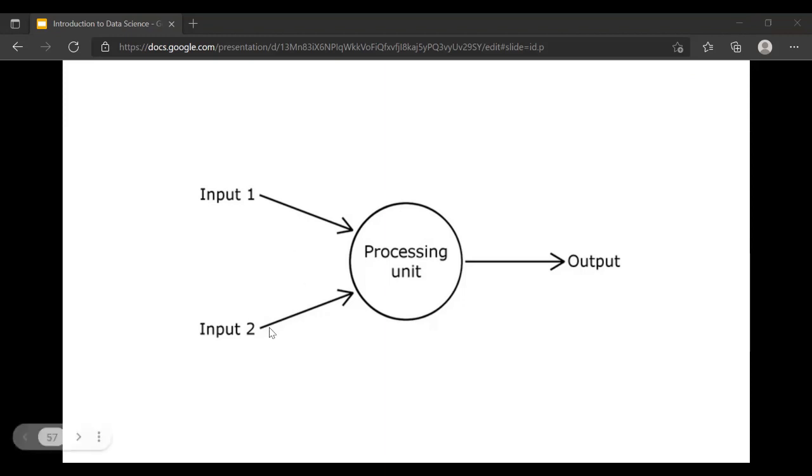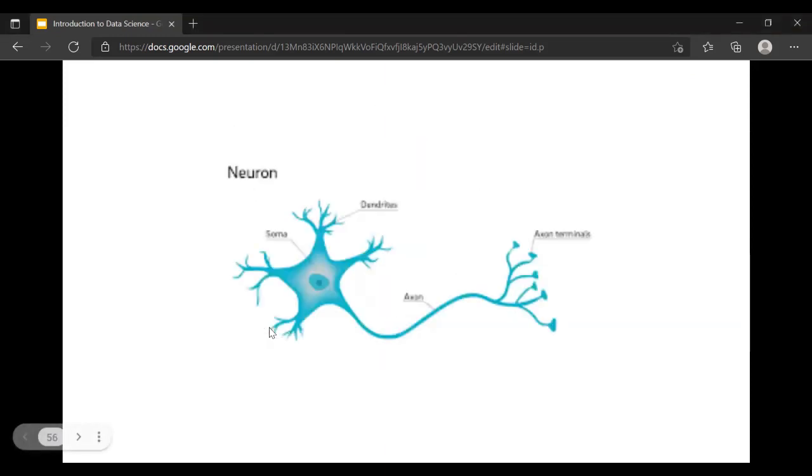Now, even in the case of the brain, it's not that any single neuron is responsible for the decisions that are taken, right? It's not like just a single neuron is deciding or taking a particular decision, and it's not even that 5 or 10 of them are.